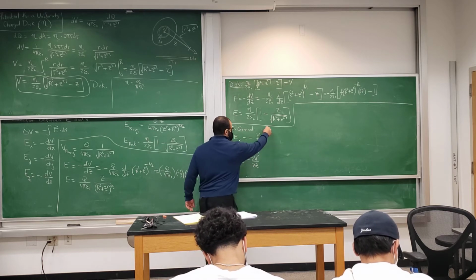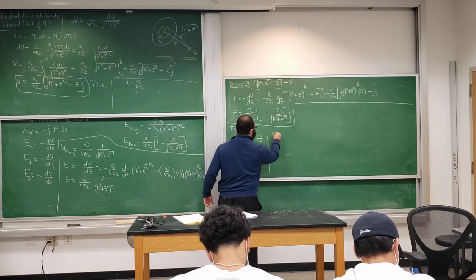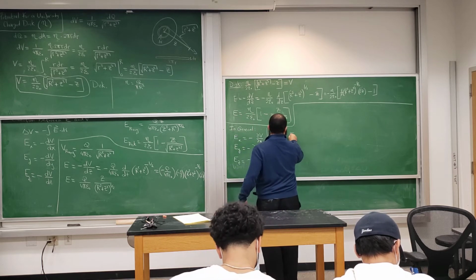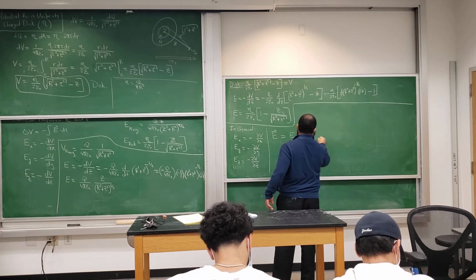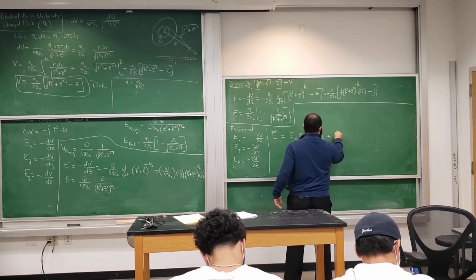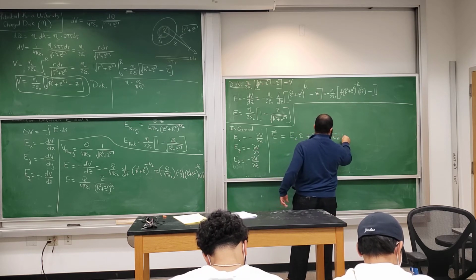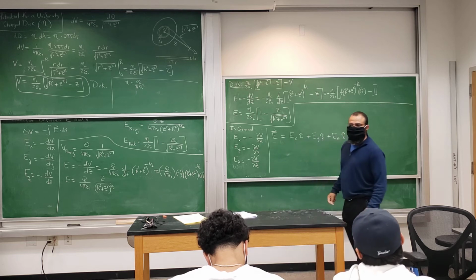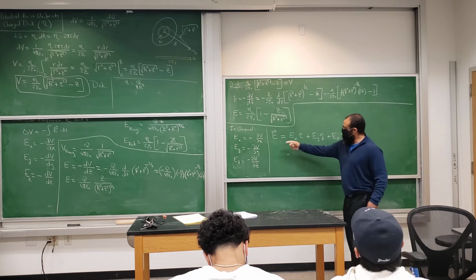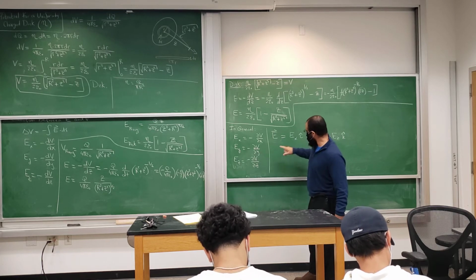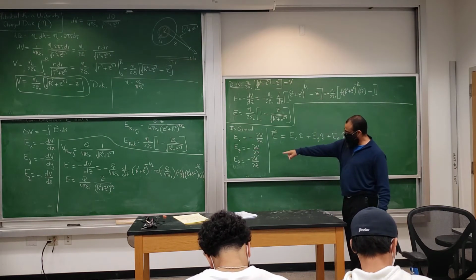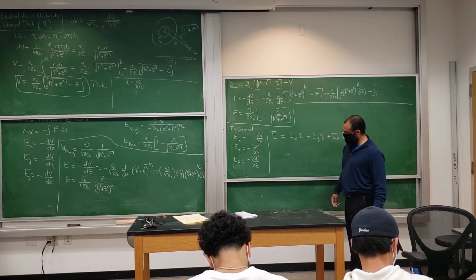And to write the electric field in vector form, it is the x component of the electric field i hat plus the y component of the electric field j hat plus the z component of the electric field k hat, right? And now the x component is minus dV dx, the y component is minus dV dy, and the z component is minus dV dz.